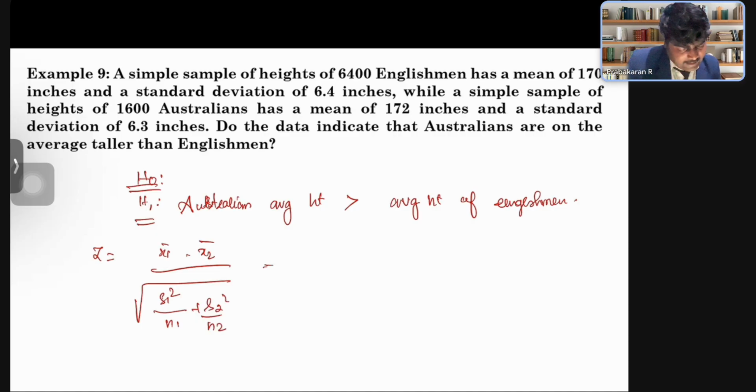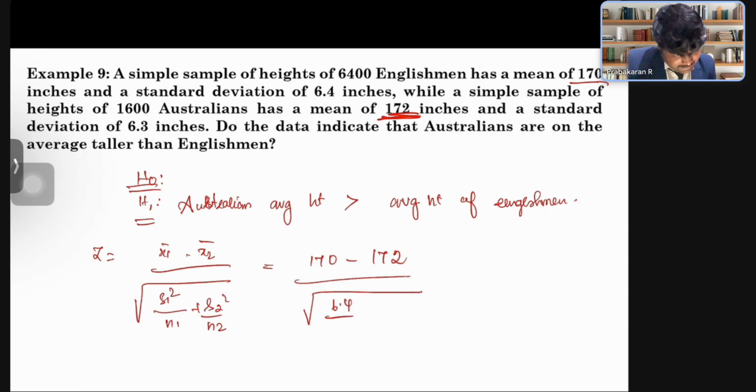First x1 bar, the average height of the first sample, Englishmen, is 170, whereas x2 bar is 172, and s1 square, the standard deviation of the first sample, is 6.4 squared by the sample size 6,400, plus 6.3 squared by the sample size 1,600.